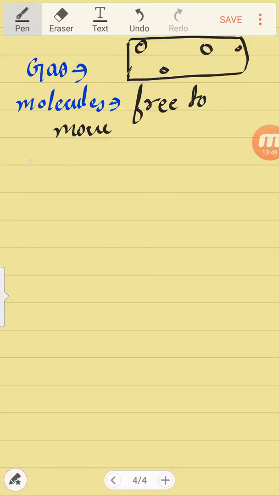It means, when you spray perfume in a room, how can you smell it from another room? Because its molecules spread very fast and the distances are too much, right? So these are free to move. So what you will write? Molecules are free to move.